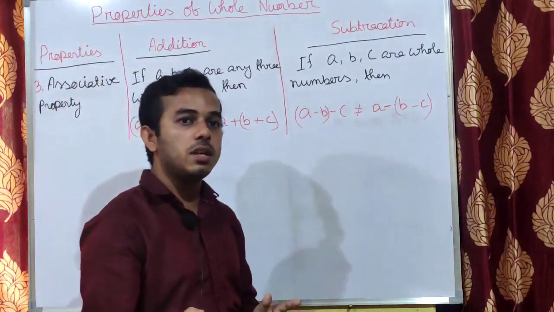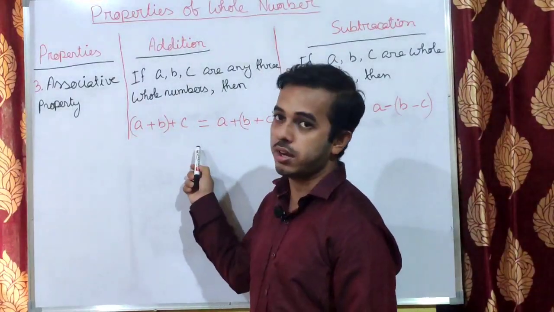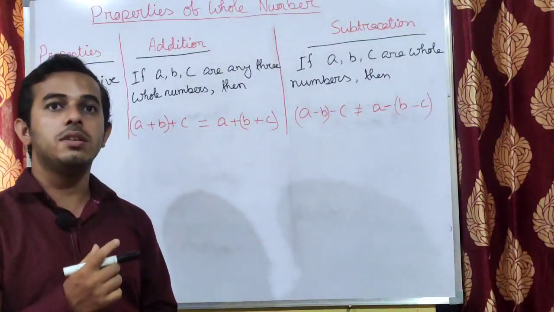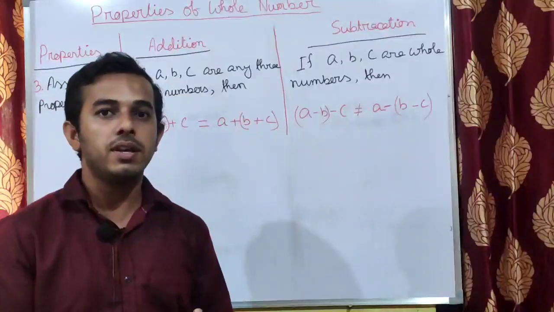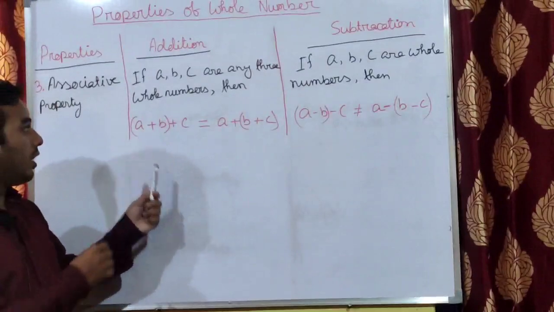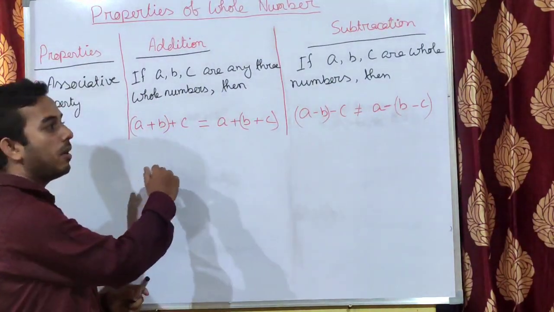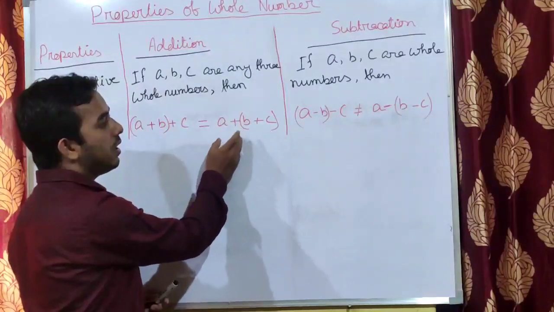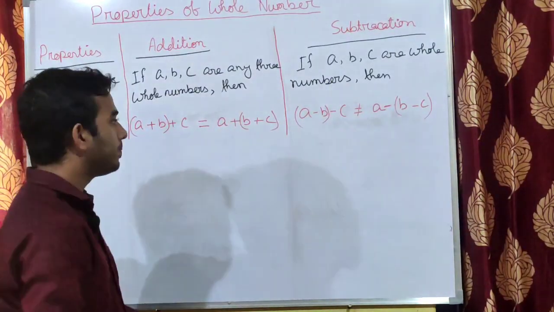Now it is not necessary to add all the whole numbers in the order given, right? We can add them in our easiest way. So for making the addition easy, we make some groups. We make one group A plus B, and here we make another group B plus C, and then separate A. So let us see an example.